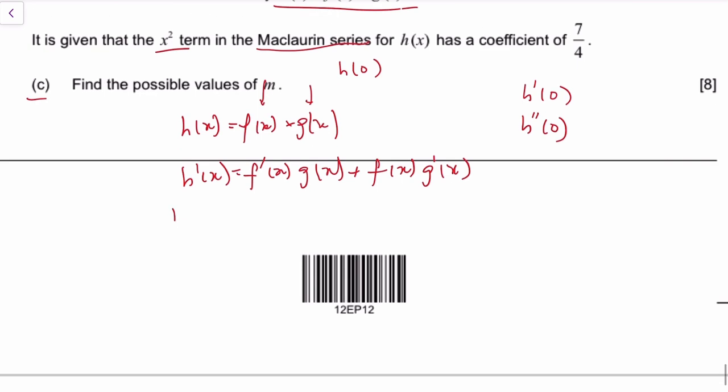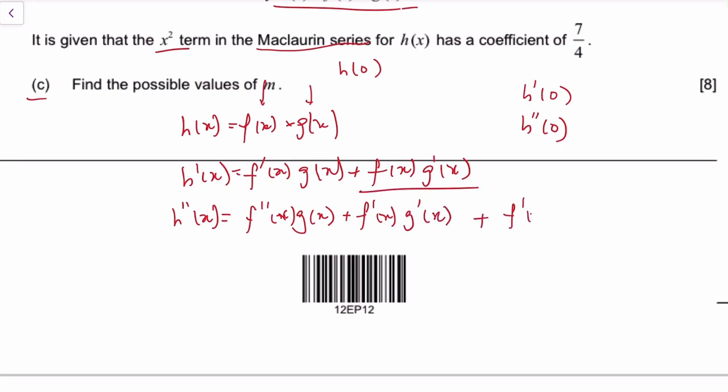Then we need to differentiate that again. Then we need to product rule both of them, so I have to do it twice. So differentiate the first thing, copy the second, plus copy the first, differentiate the second, plus for this, differentiate the first, copy the second, plus keep the first, differentiate the second.